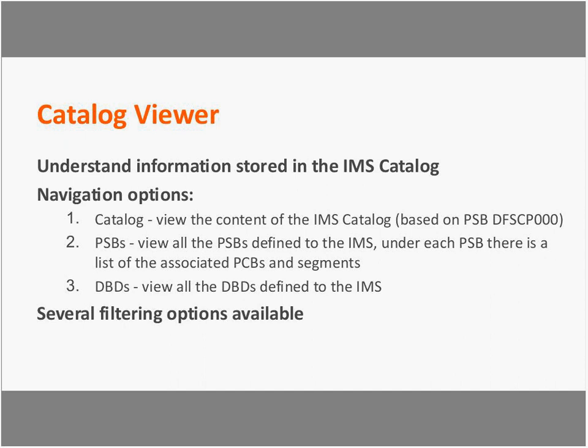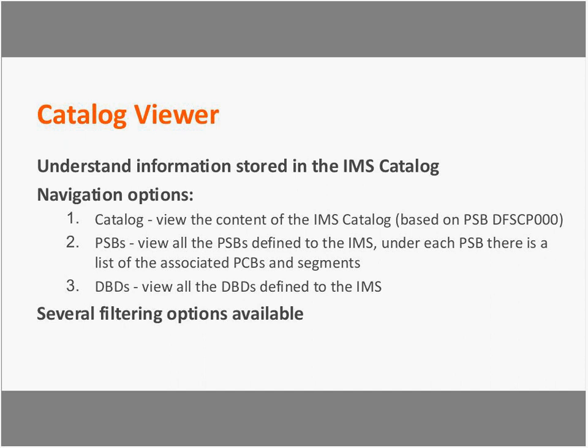Under each PSB, there is a list of associated PCBs and segments, and you'll see the data that's actually loaded into the catalog for that type of metadata. The same thing is true: navigation can be done at the DBD perspective so that you can view all the DBDs that are defined in the catalog, or specific ones based upon specific filtering characteristics.